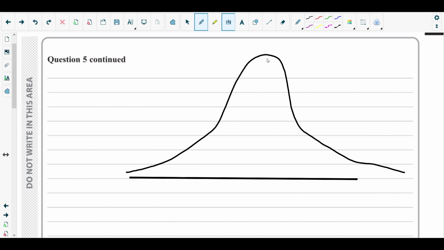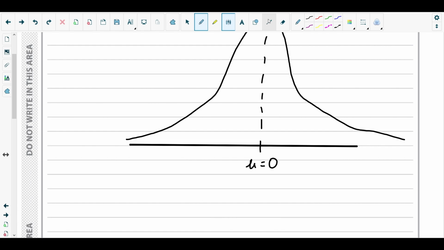This is the mean. For the standard values, mean is 0. So mean minus 10, let's suppose is here, and we know that the bell curve is symmetrical. So if it is here, then it will be also there, right? The area would be similar. So this is mu minus 10 and this is mu plus 10.